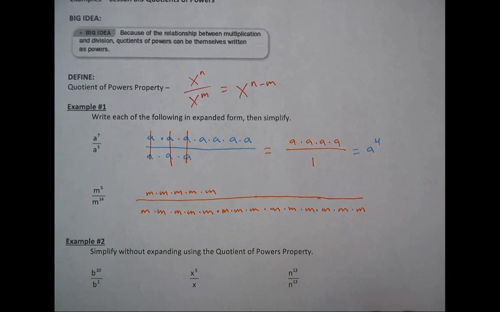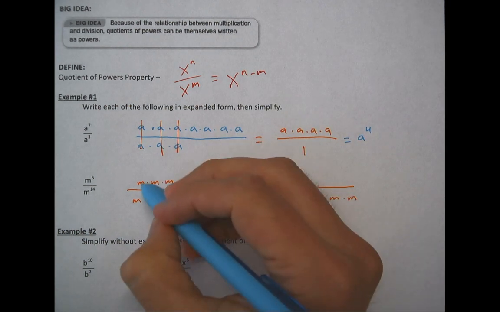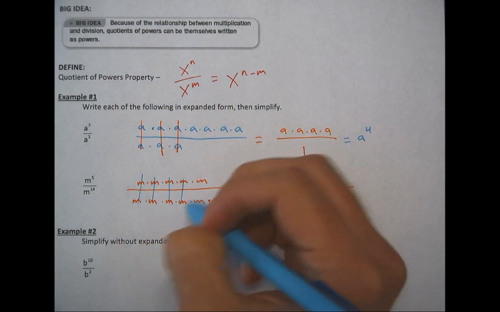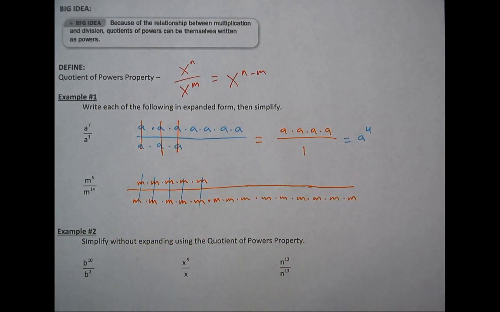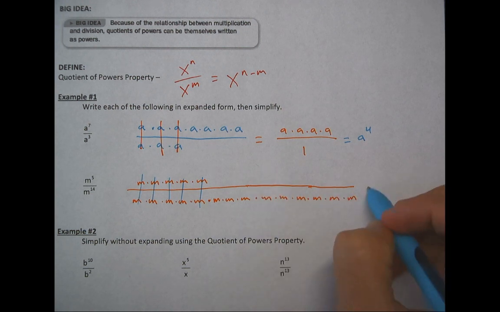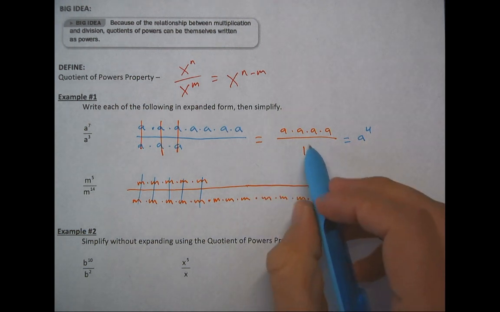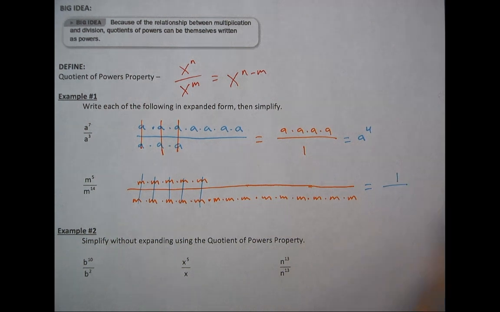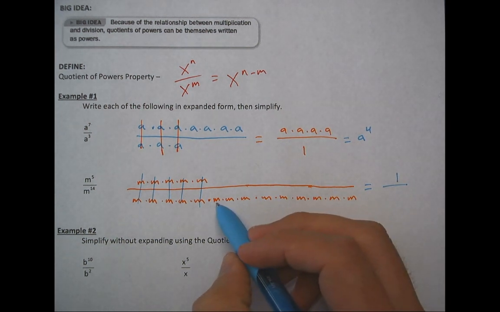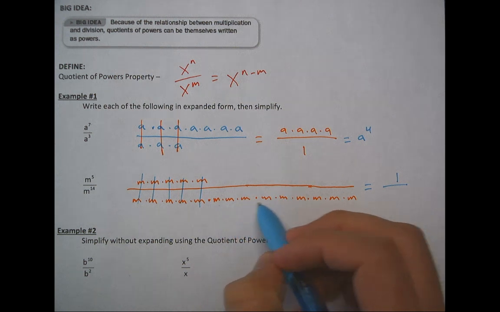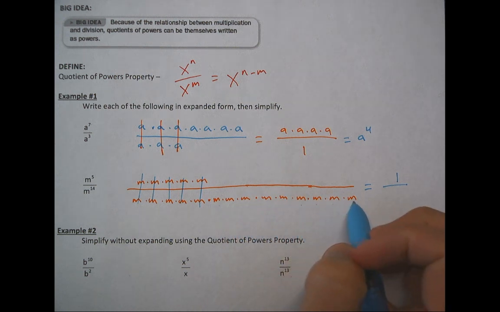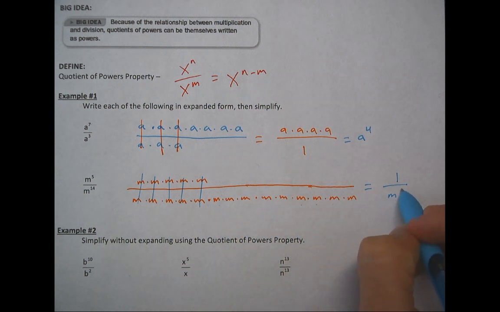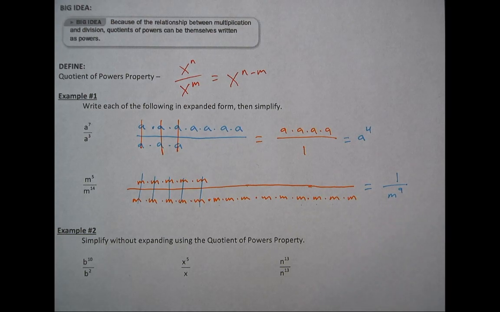All right. And so when I have all of these, 5 are going to cancel. 1's going to be left on top. Now, we can't just drop it like a 1 in the denominator. A numerator 1 needs to stay there. So this is going to be 1 over, and how many are going to be left? 1, 2, 3, 4, 5, 6, 7, 8, 9. So m to the 9th.